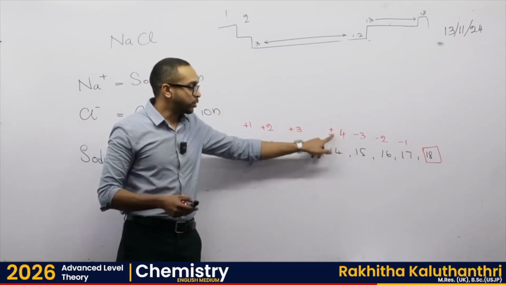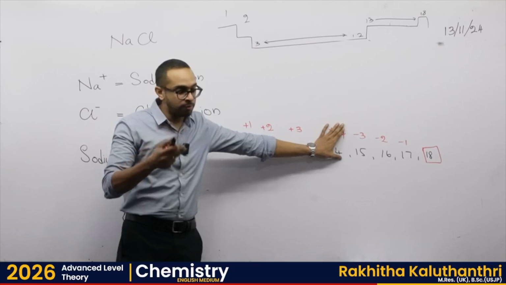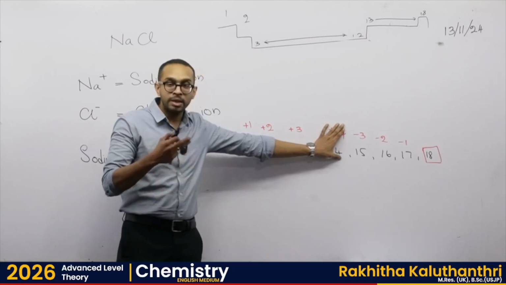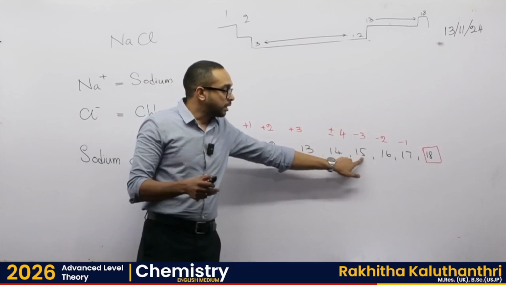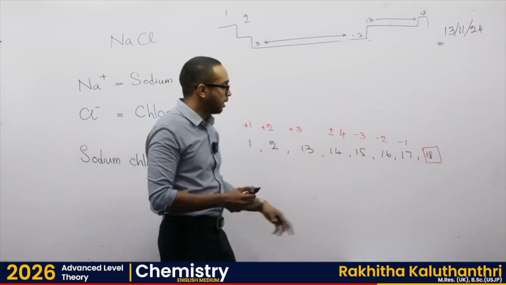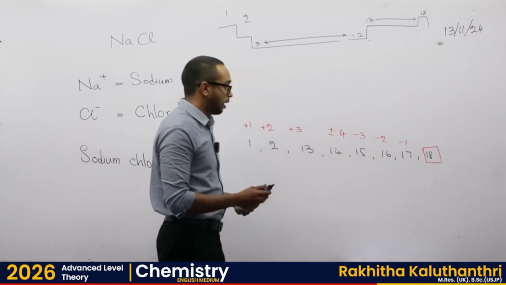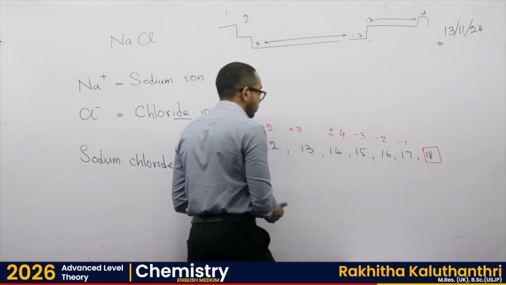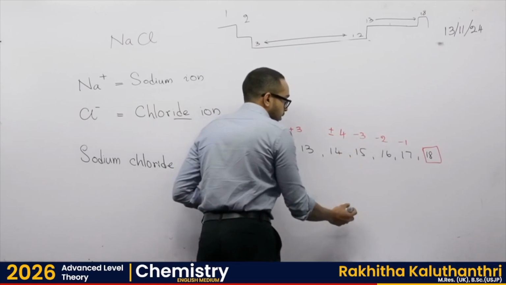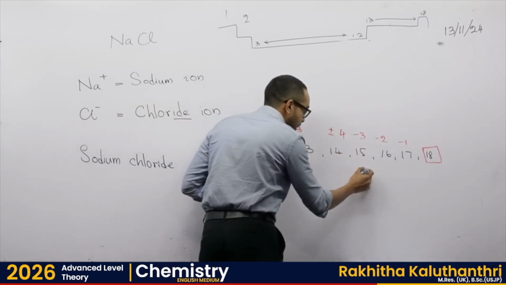So therefore we write + or -4, because they are more likely to form covalent compounds than ionic compounds. Then group 15, we have -3. We have group 16 -2. And 17 -1. Now I want to focus on these. Group 15 period 2 element is going to be nitrogen.